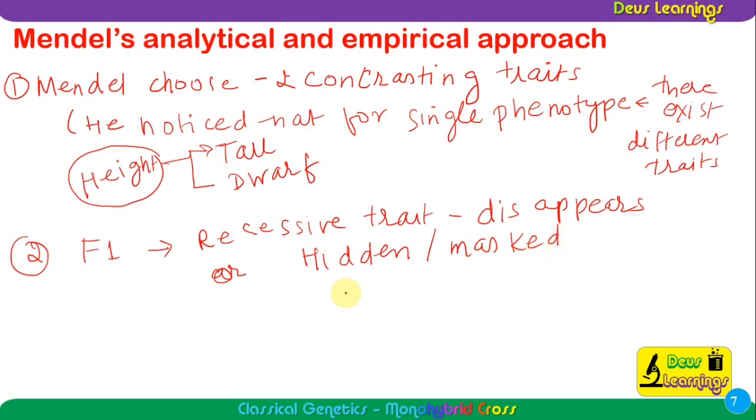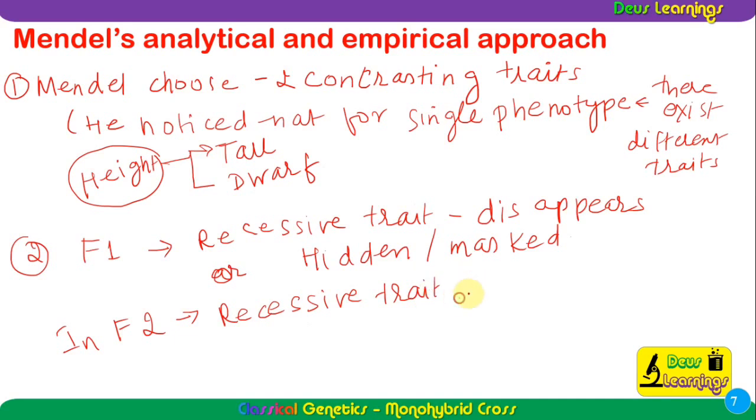But interestingly, in the F2 generation, the recessive trait reappears, right?